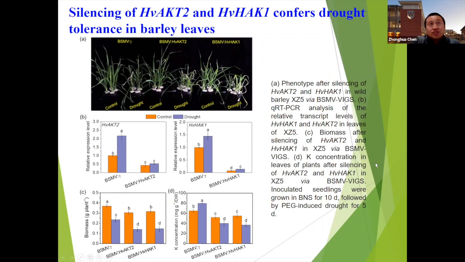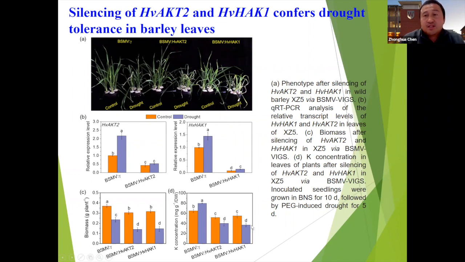Silencing the two genes separately confers reduced drought tolerance in barley leaves, and we clearly see the decrease in the silencing lines, and also, this is very clear, the K concentration dropped.